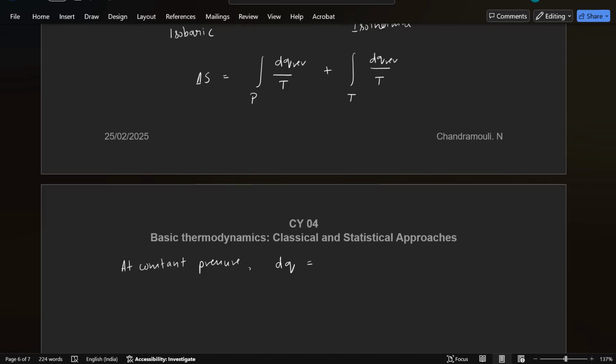It's Cp dT, right? Correct. And similarly at constant temperature, what is dq?